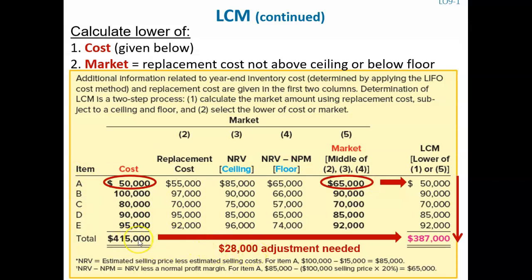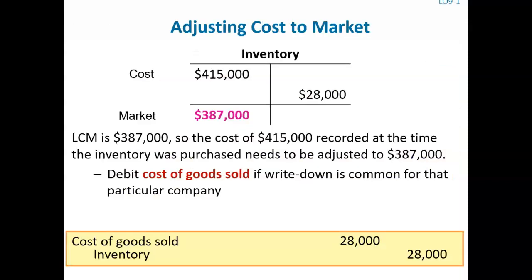That's the $415,000 inventory at cost under LIFO minus the lower of cost or market of $387,000. We record that adjustment to cost of goods sold if the decrease to market is considered normal for this company. Debit cost of goods sold, credit inventory, $28,000 in this example.